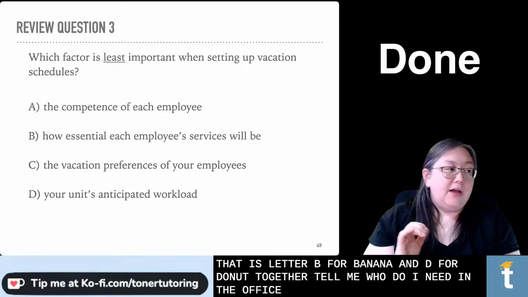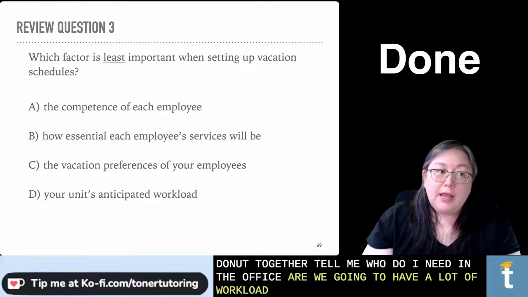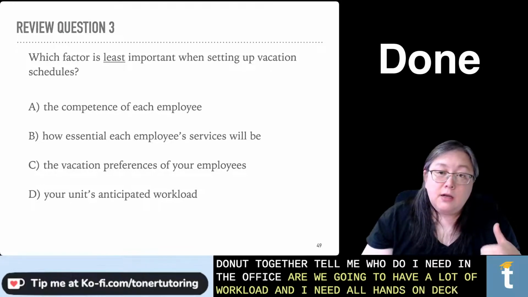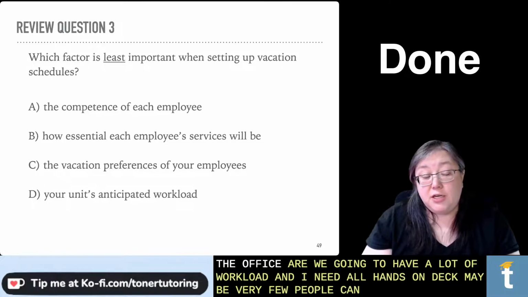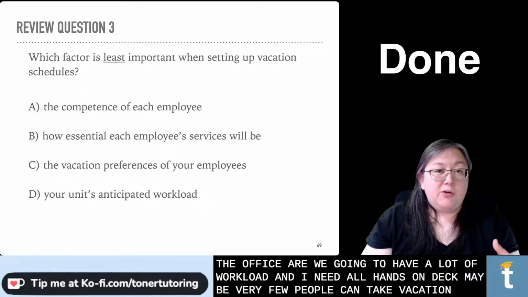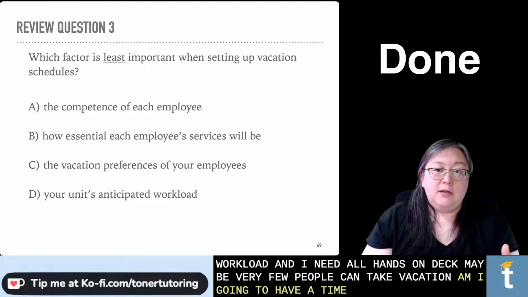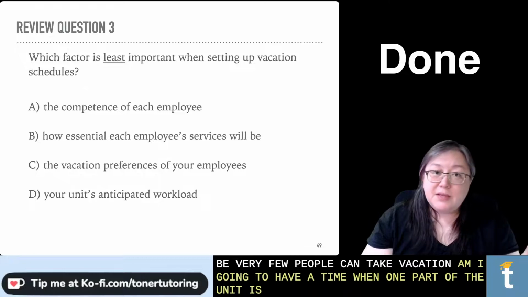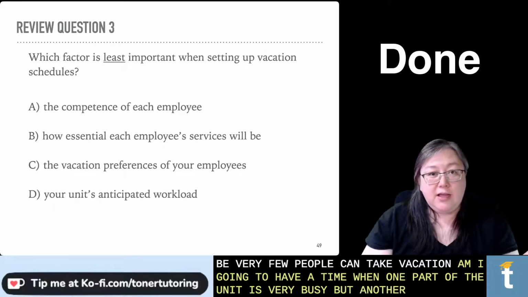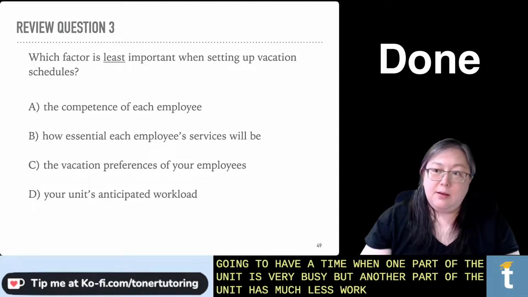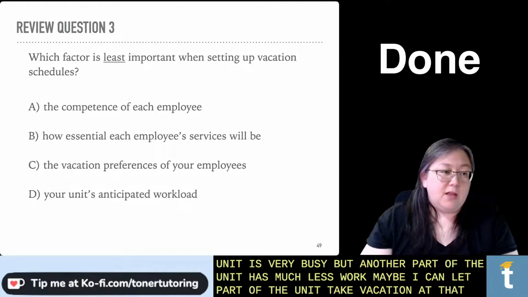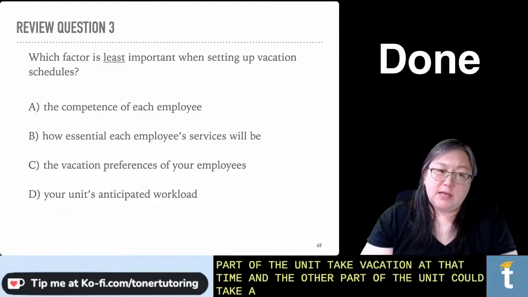Are we going to have a lot of workload and I need all hands on deck? Maybe very few people can take vacation. Am I going to have a time when one part of the unit is very busy, but another part of the unit has much less work? Maybe I can let part of the unit take vacation at that time, and the other part of the unit can take vacation at another time.